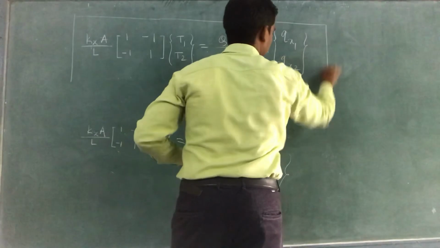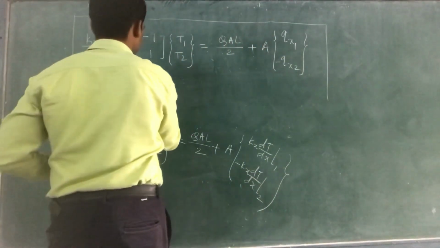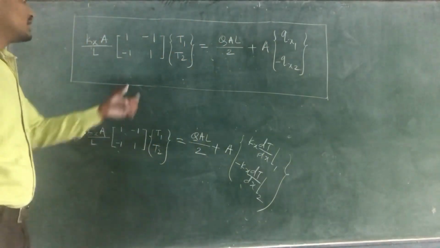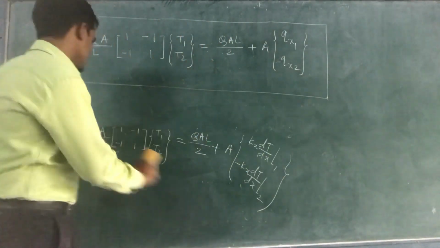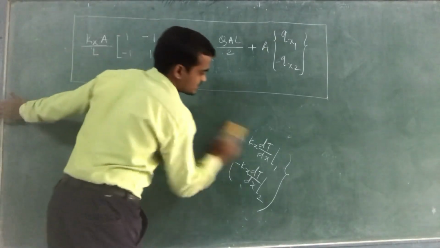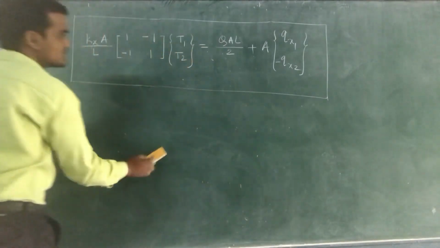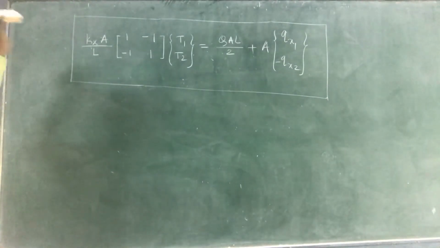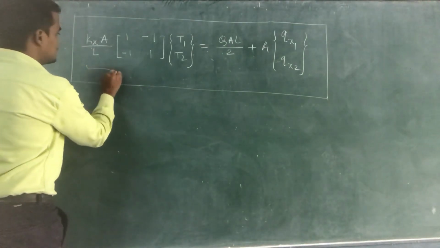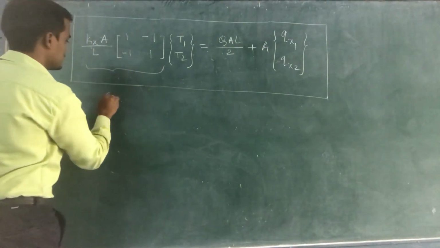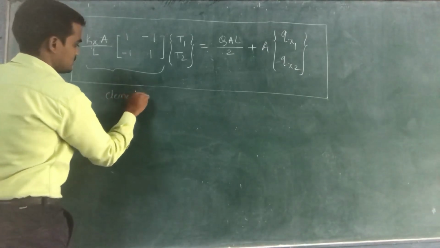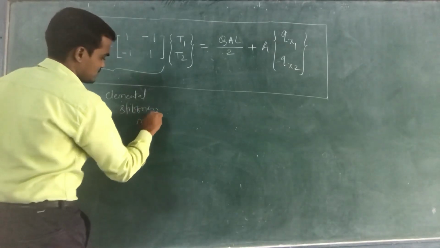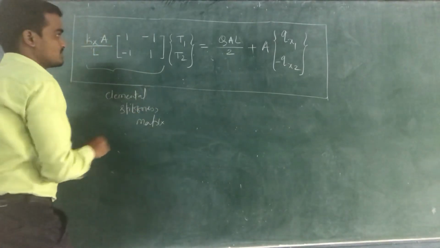This is like the force and displacement relationship in a similar way. Here it is the temperature and heat relationship, or heat flux or heat generation relationship. So it is the elemental stiffness equation for this heat transfer problem, where this is the elemental stiffness matrix for the heat transfer problem.